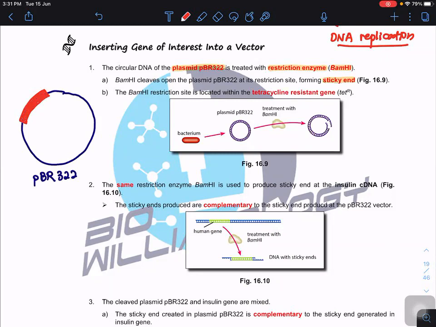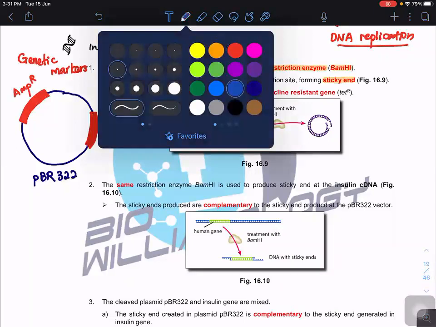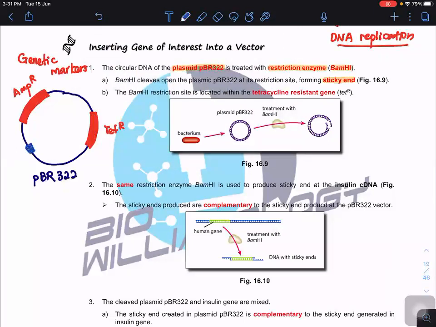This is the first one, and the second one is another antibiotic resistance gene. These two act as genetic markers: the tetracycline resistance gene and the ampicillin resistance gene. These two red ones act as genetic markers. They also have the origins of replication, ORIs. So where is the cleaving site, or restriction site?